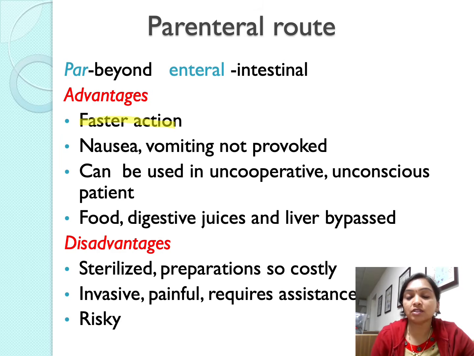These drugs will not provoke vomiting and nausea as we see with the oral route, and this can be preferred in unconscious and uncooperative patients, and there is no interaction with food, digestive juice or liver in this route of administration.